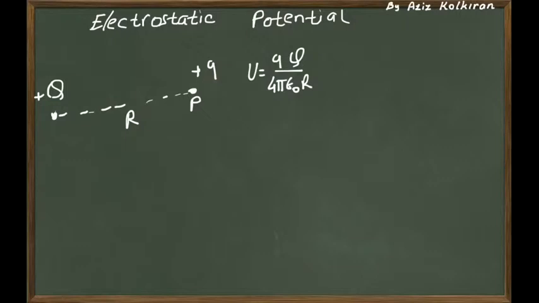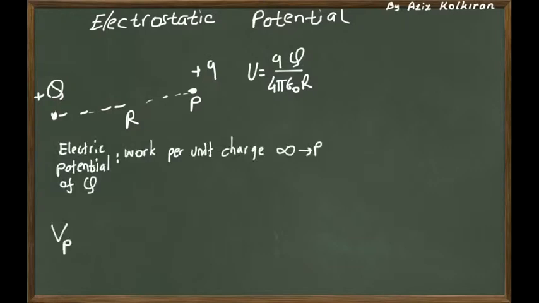Suppose, again, you bring this small charge q from infinity to this point, and you have to consume this much amount of energy, right? If you bring not the small charge q, but plus 1 coulomb, the unit charge, from infinity to this position, with the existence of this capital charge Q, what is the amount of electrostatic energy?